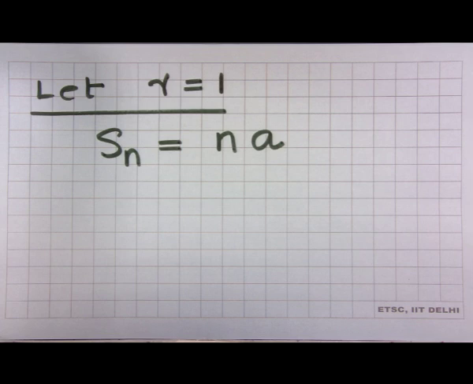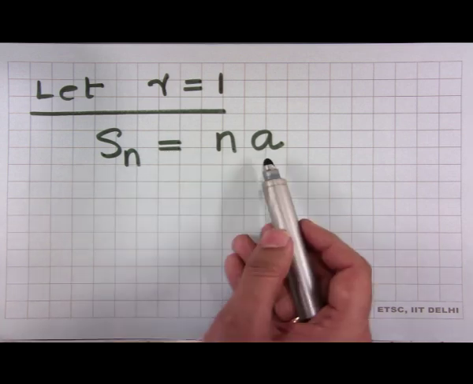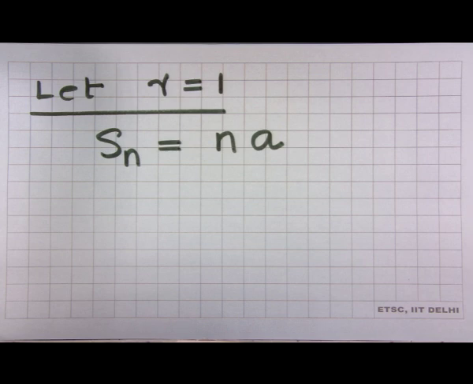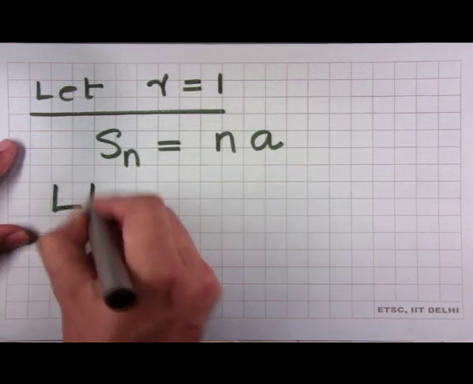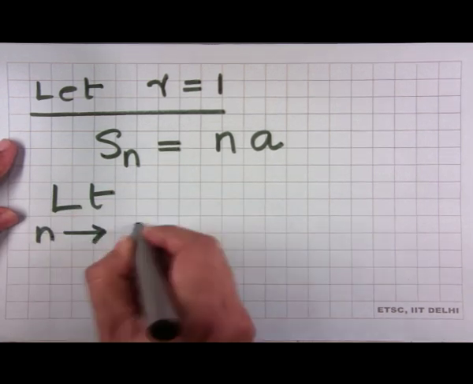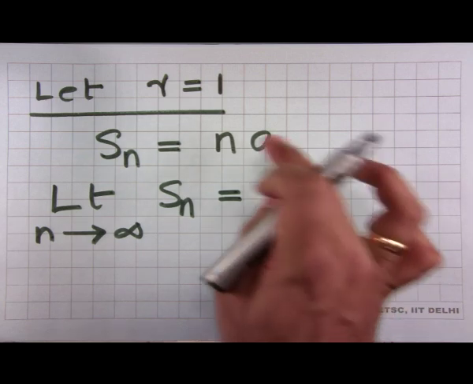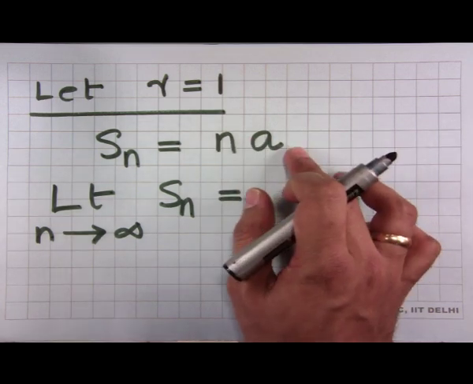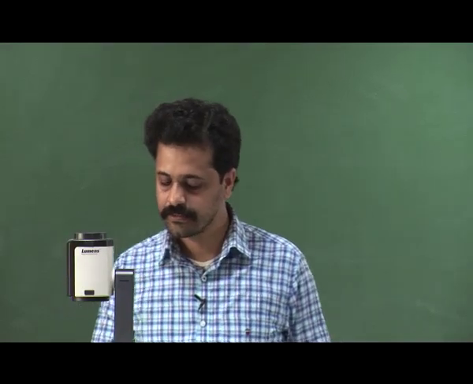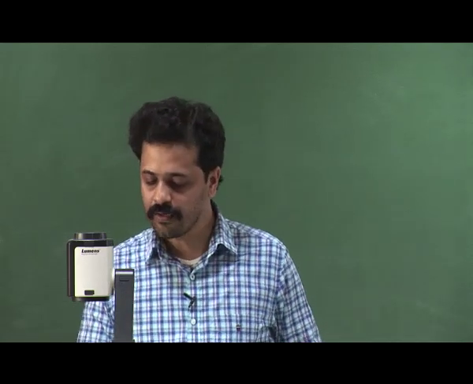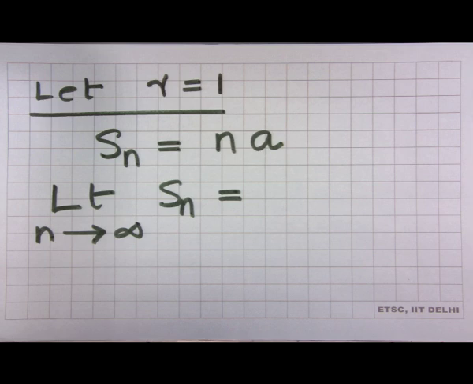Therefore, as n becomes larger and larger, S_n, namely na, becomes large in magnitude. It should be clear that as n tends to infinity, na tends to infinity or becomes very large negative, depending upon the sign of a.